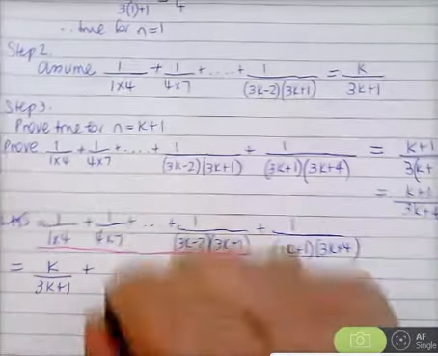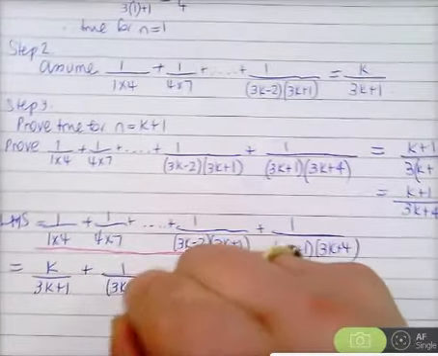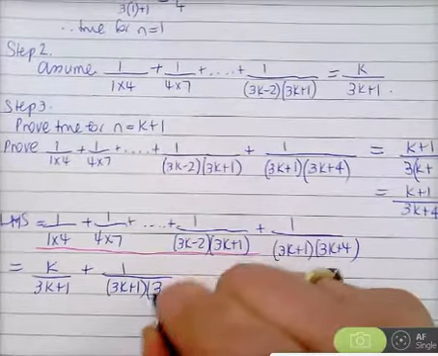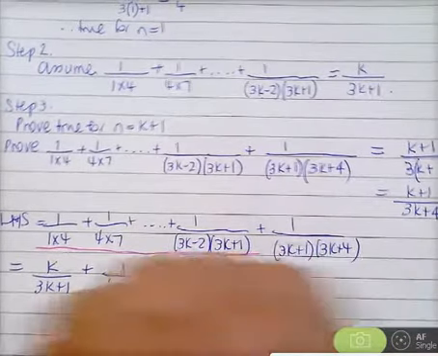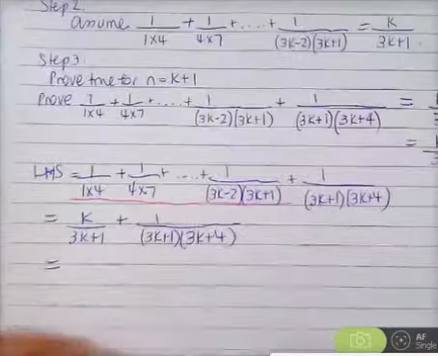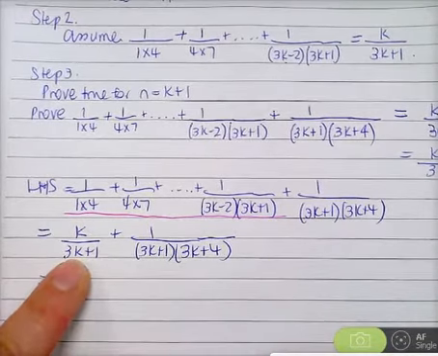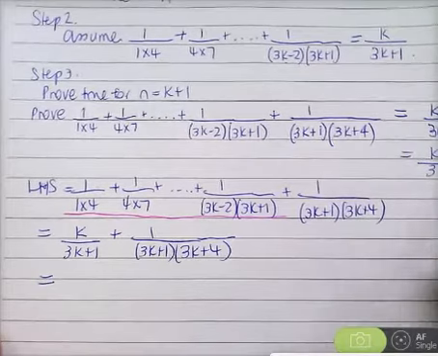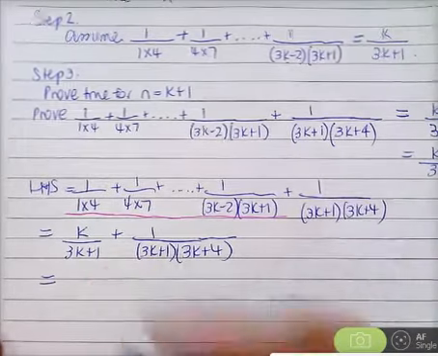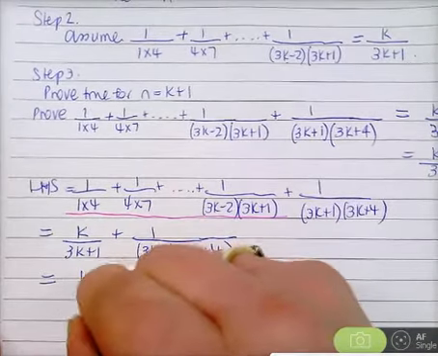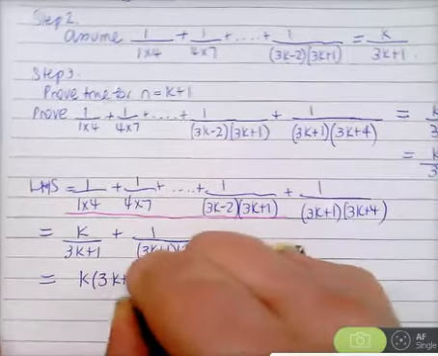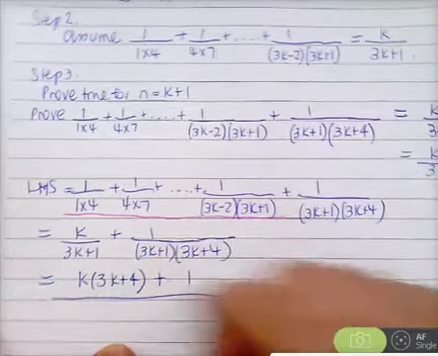plus 1 over. Girls, it looks like I'm adding fractions with different denominators. Yes, let's make a common denominator. They've both got 3k plus 1. What's the first fraction missing? 3k plus 4. So we go k times 3k plus 4 plus 1 all over.